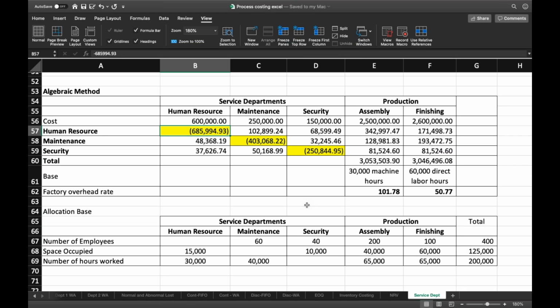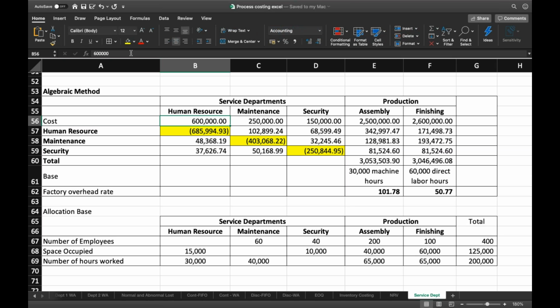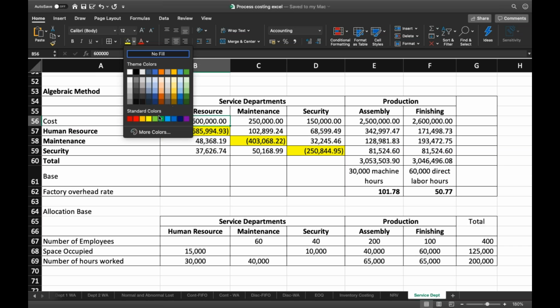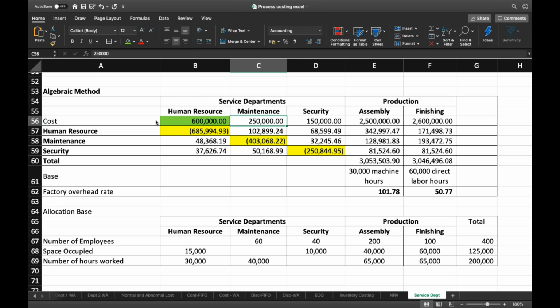Now let us distribute the cost. Again, this one is given. Let me put colors so that you will not be confused. This one is given, this one is given, and also this one.